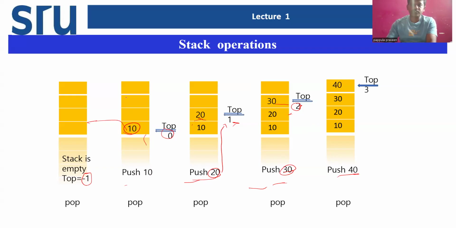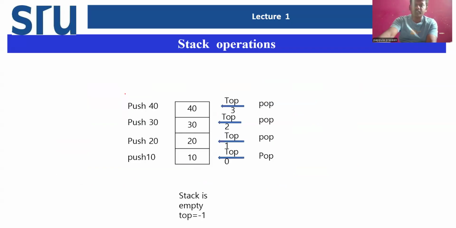Next we are going to use the pop operation. Remember, when you remove an element, it is simply top equal to top minus 1. When top equal to -1, the stack is empty. Now the 0th element is 10, the 1st element is 20, the 2nd element is 30, and the 3rd element is 40.